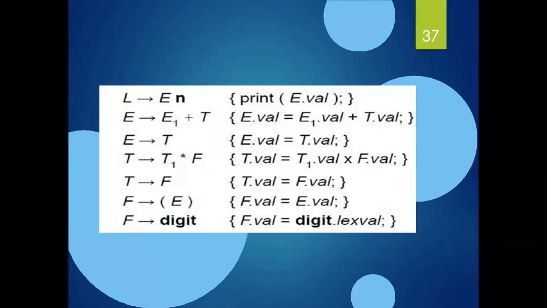But whatever we did, giving or defining the attributes for the nodes, all these are as it is in synthesized attributes. Nothing differs. The only difference is that we are placing braces like this. That means we are enclosing the semantic action for the production rule, right?